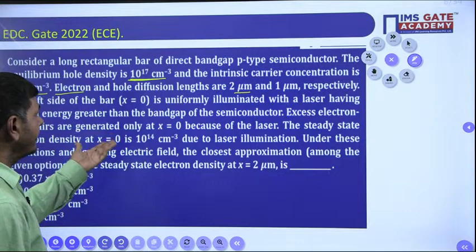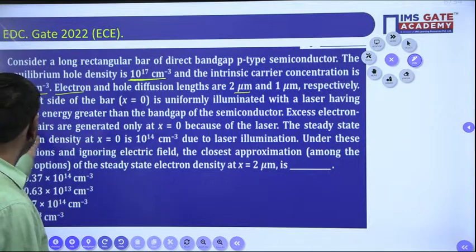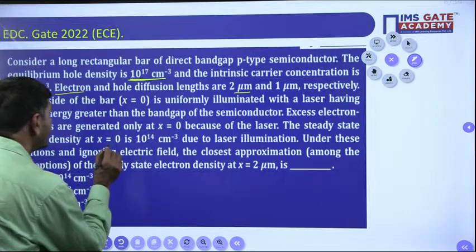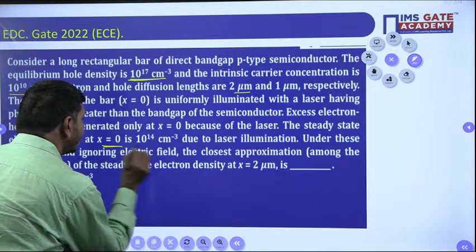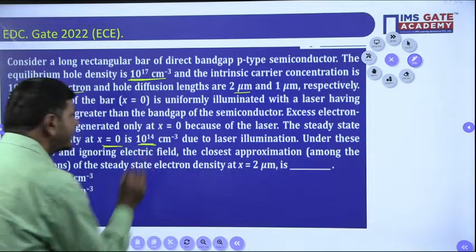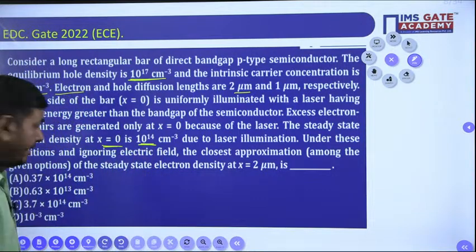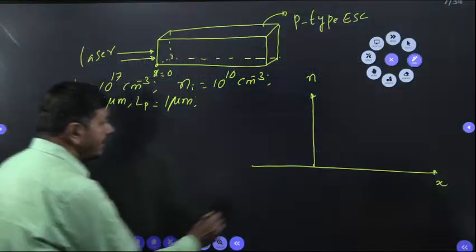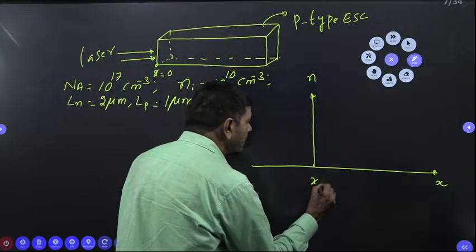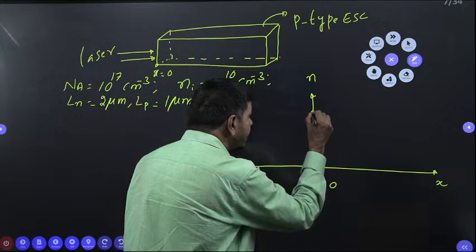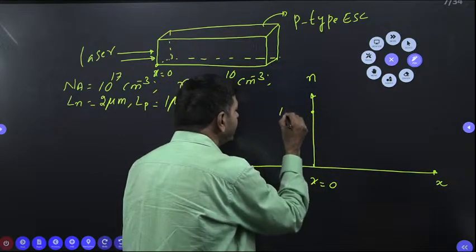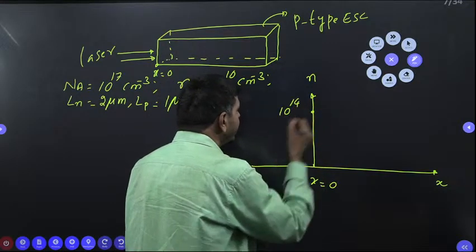And next, what is given now? Excess electron hole pairs are generated because of the photon energy. The steady state electron density at x equal to 0, what density of charge carriers exists, is given: 10 power 14 per cm cube.